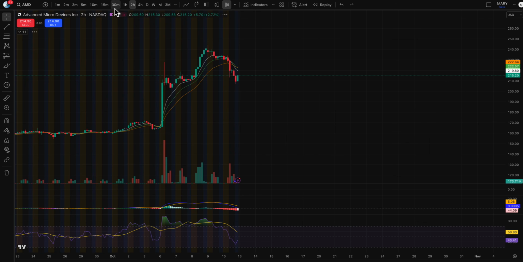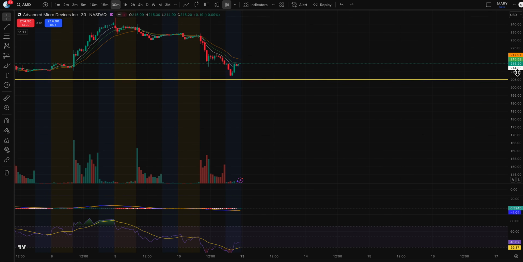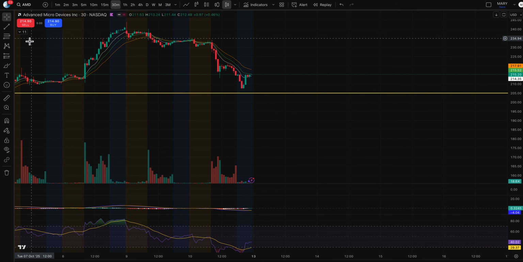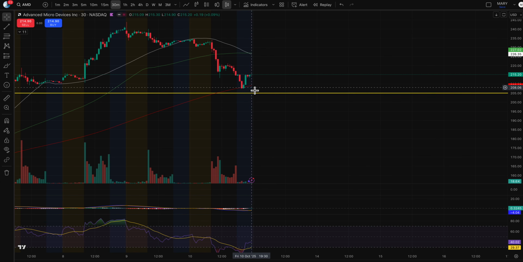It's really crucial to look at your 30 minutes when the market opens. We have our 200 EMA here on the 4-hour chart, which happens to be at 209.